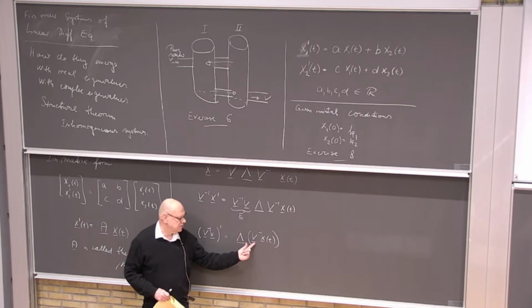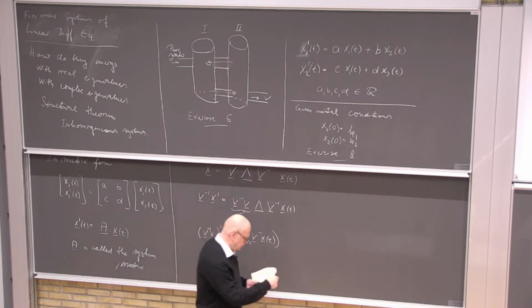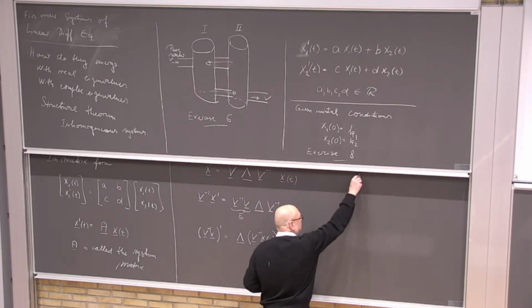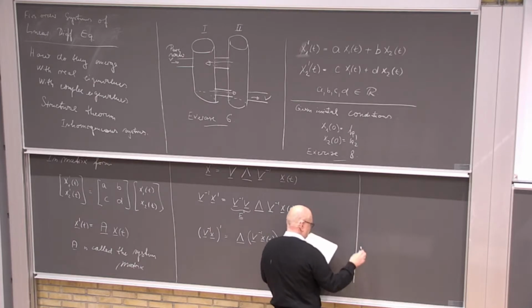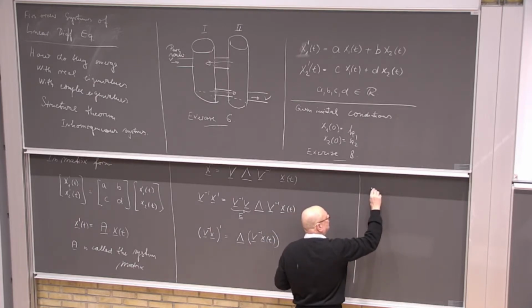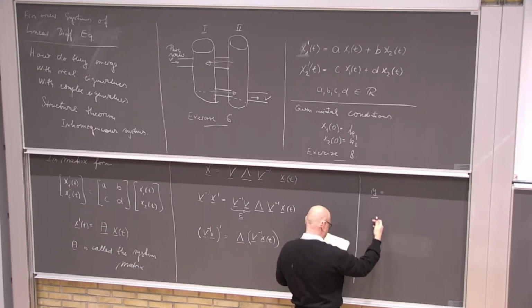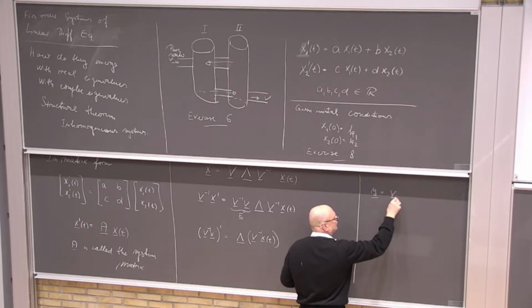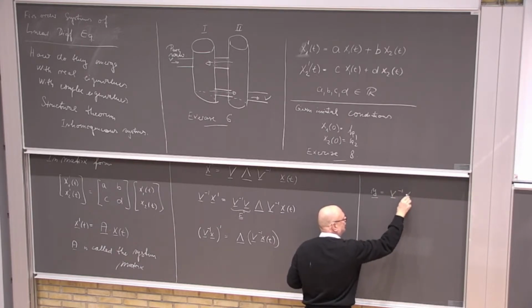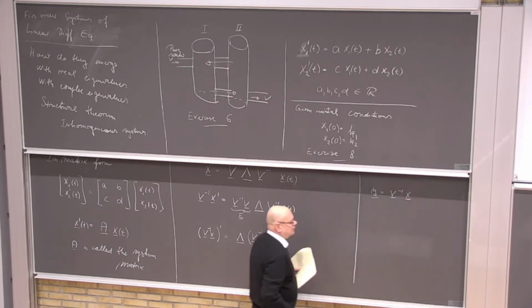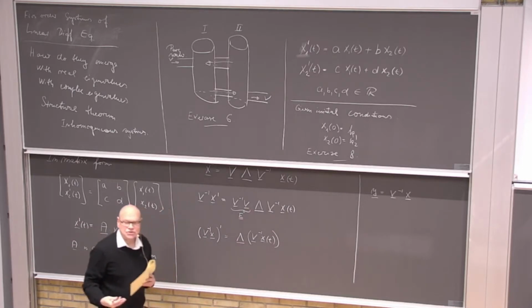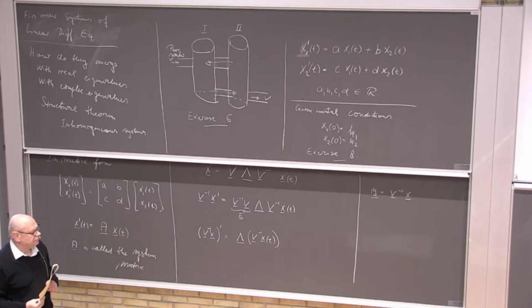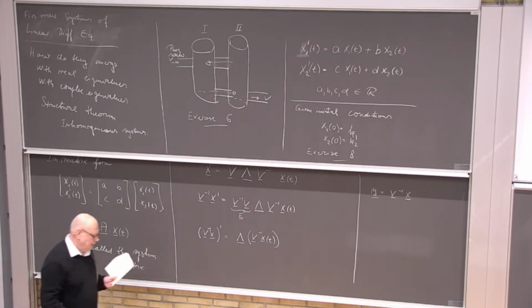In fact, this is just a shift of basis when you multiply by the inverse of V. So let me write here. If we take a new vector like this, then this is just a change of basis. Let me write it out.